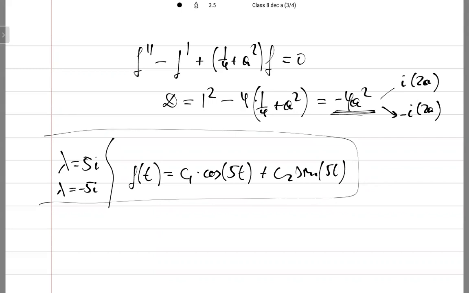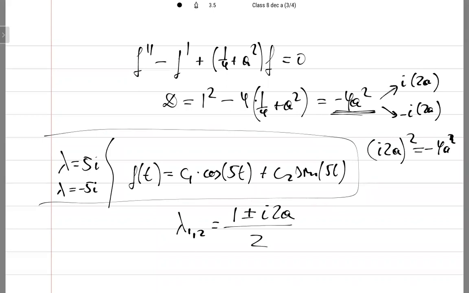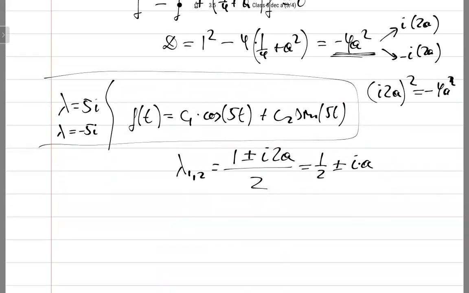Yes, we have two roots, because if I take i to a squared, I get minus 4a squared. Okay. So my roots, lambda 1, lambda 2, are 1 plus minus i times 2a divided by 2. It's 1 over 2 plus or minus ia.